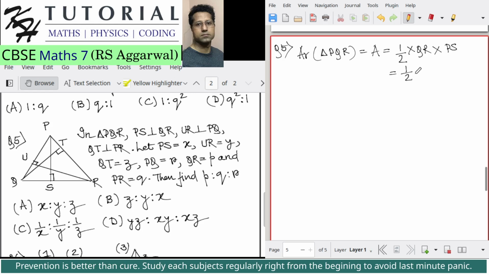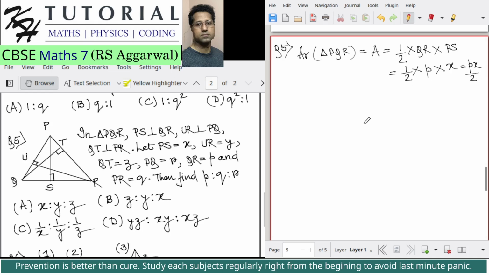This is equal to half multiplied by QR. QR is given as P, and PS is given to be X. So this is PX by 2.